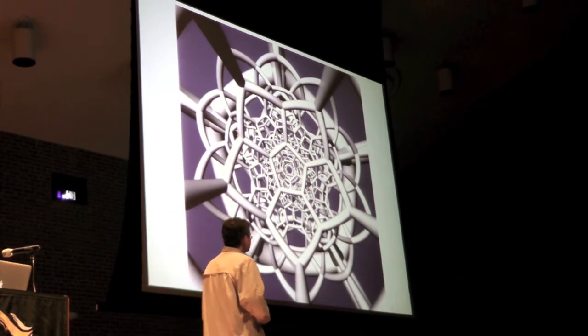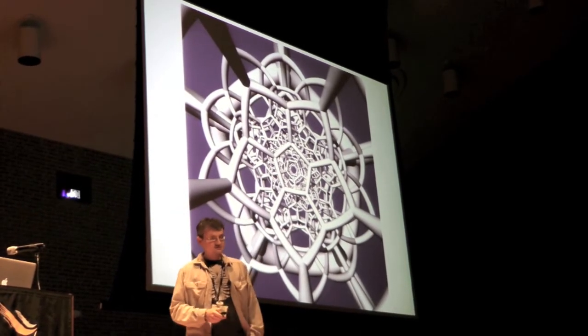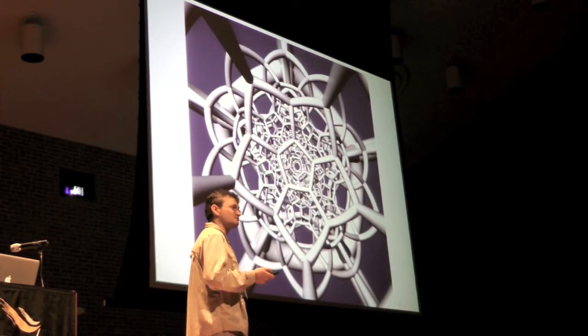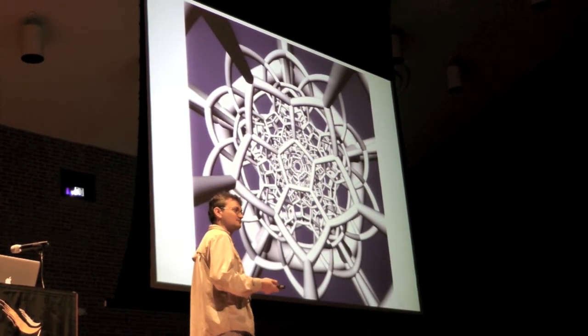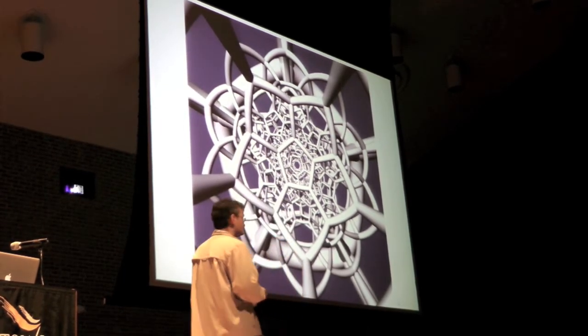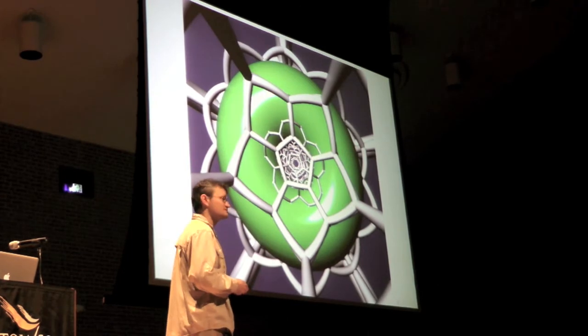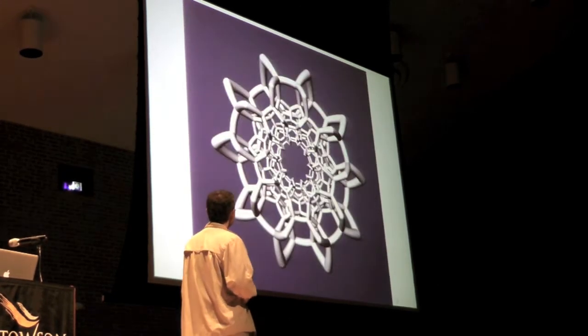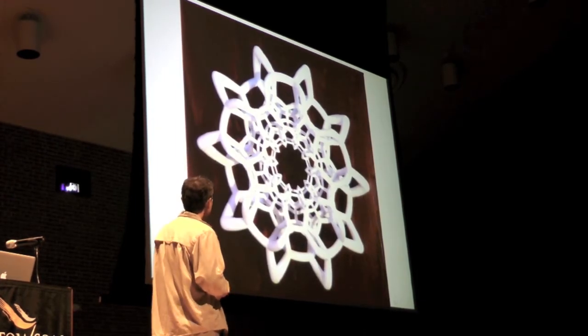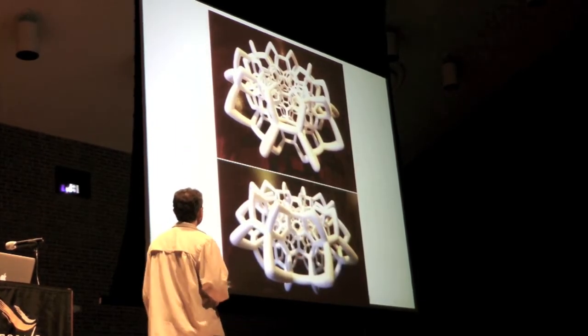Here's another idea. So here's the 120 cell again. The problem we had with printing the whole thing was we didn't want to print the stuff near infinity, so we cut some of it away. There were other ways of cutting this thing in half. Instead of cutting along a sphere, we can cut along a torus. And if you do that, you get this shape here. Here's the object. Here's a couple of other views of it.